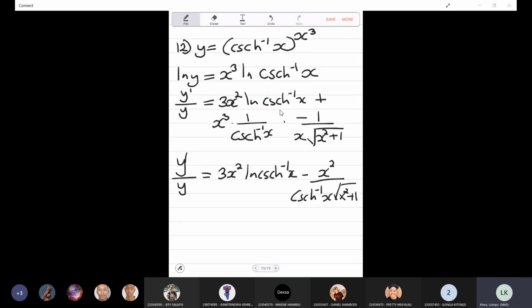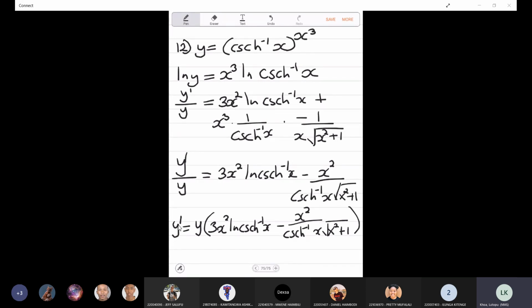Okay, and then we want y prime to be the subject, so we'd multiply by y on both sides. So we have y prime. This is y multiplied by 3x squared ln cosec inverse of x minus that, like that.